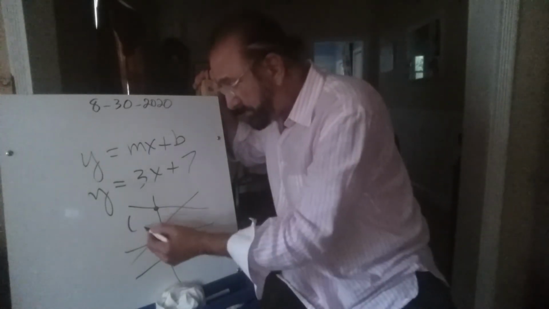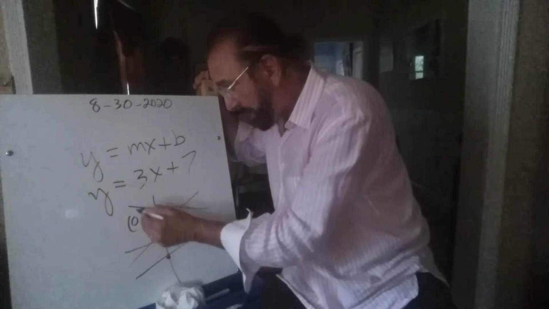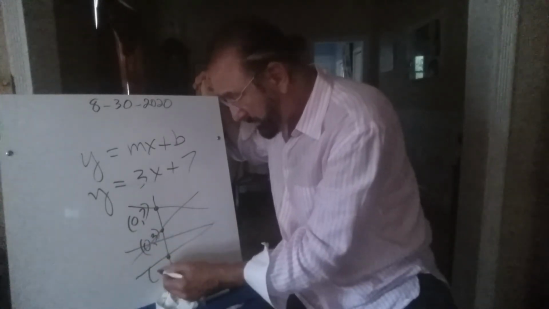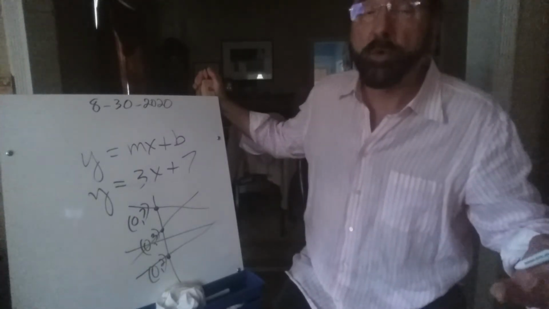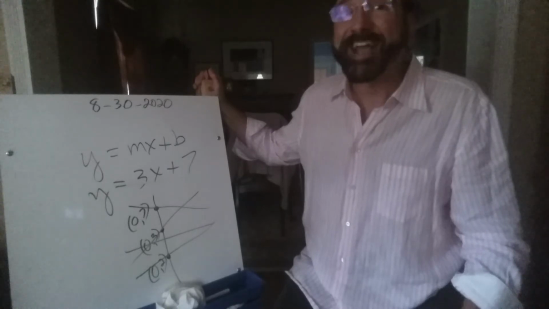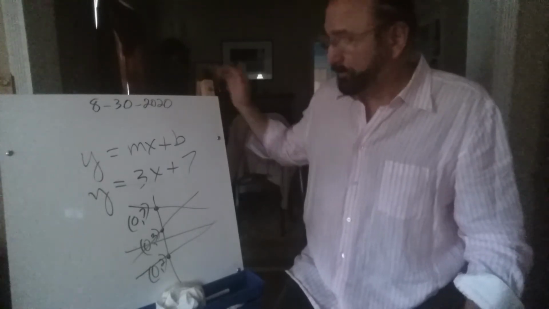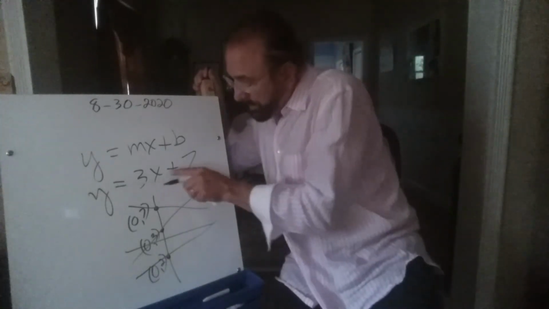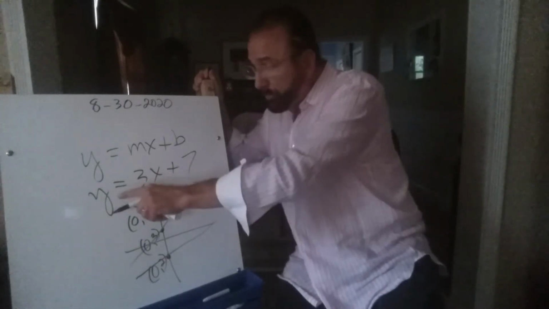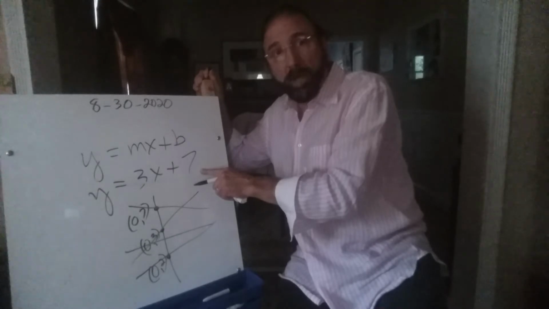This is (0, 7), this is (0, 3), and this is (0, -2). When I'm looking for the y-intercept, I make x 0. If x is 0, 0 times 3 is 0. Look, y equals 7.